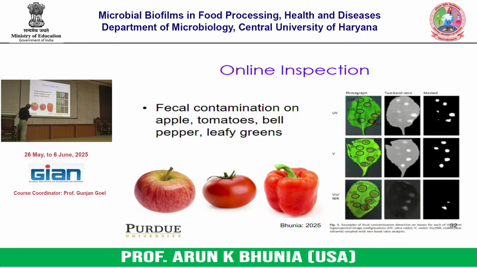So if you have some damage or fecal material on this apple or tomato or bell pepper, the idea is that if there is any kind of soil or feces when it falls on the ground, you know there are going to be microbes, any kind of dirt there, and so you want to exclude them.